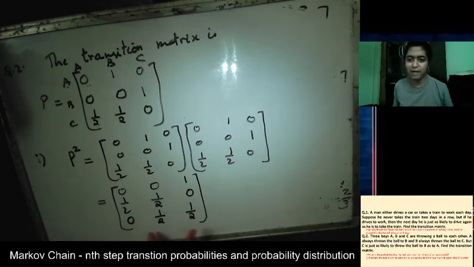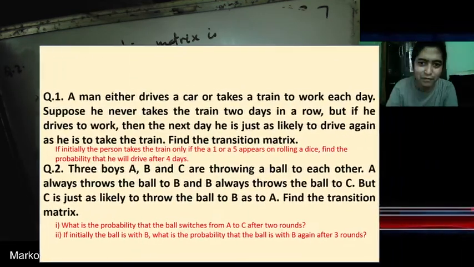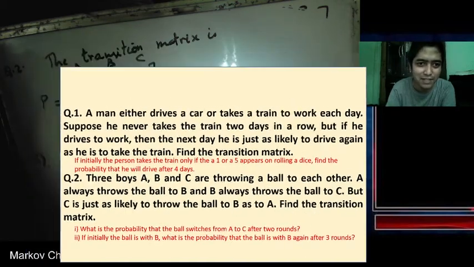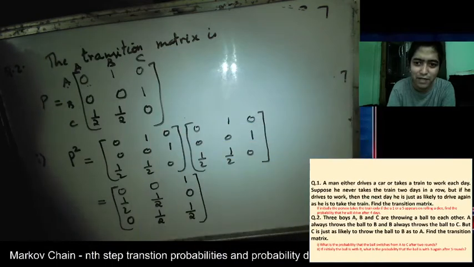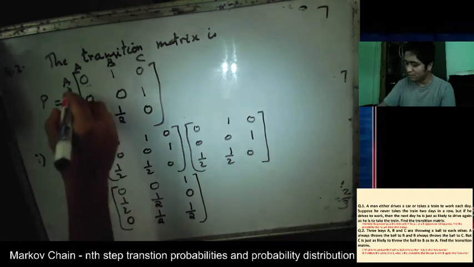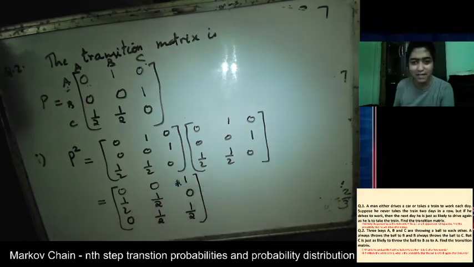Now we have found p squared. How did we know that we have to find p squared? Because there is a change from one state to another, and also in 2 rounds. The question is asking us to find from A to C in 2 rounds, so it will be related to this entry.